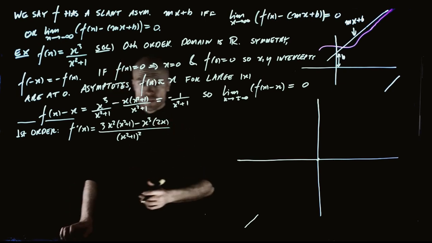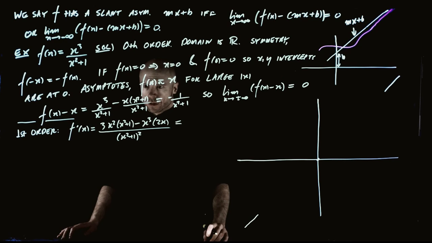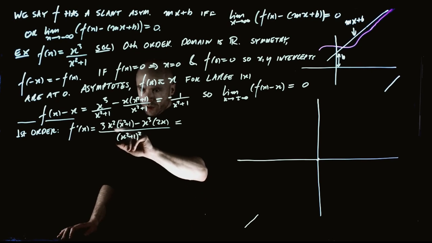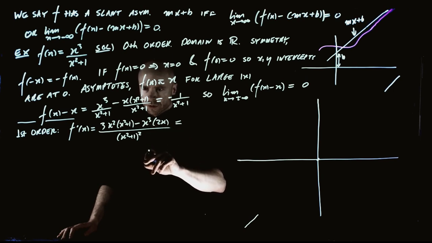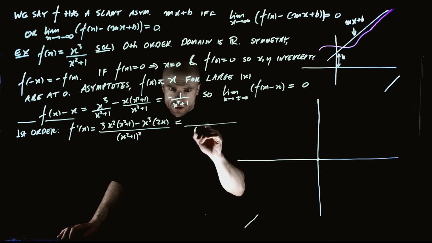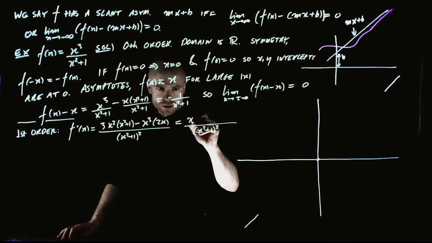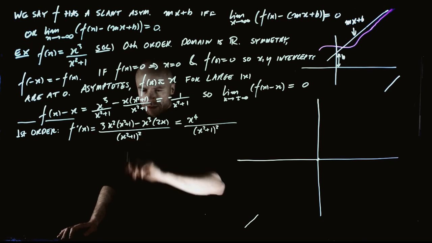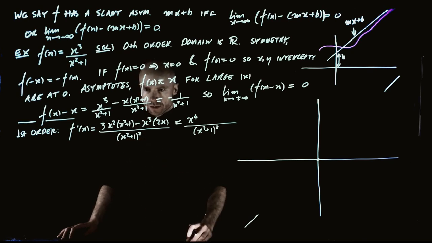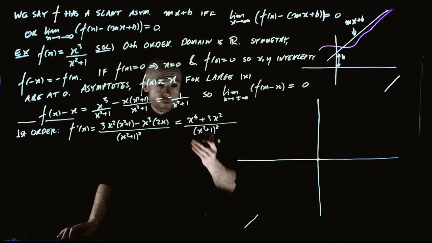Let's clean that up. So what do we see? We see a 3x to the 4 minus a 2x to the 4. So we're going to have just x to the 4 right here. And we have a 3x squared right here. And that's it, right? Plus 3x squared.